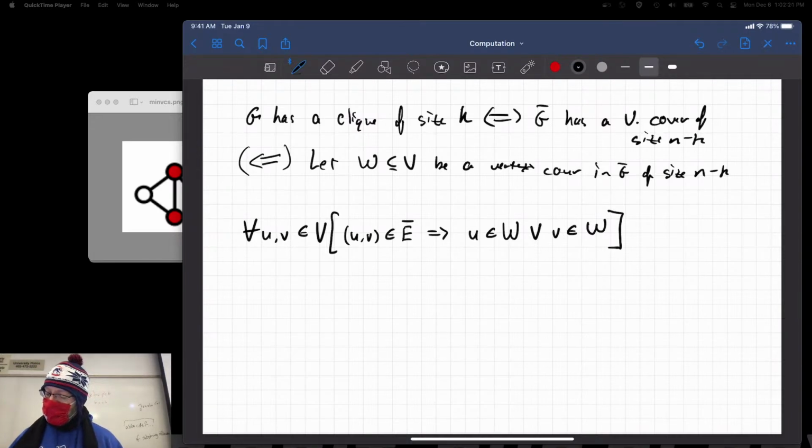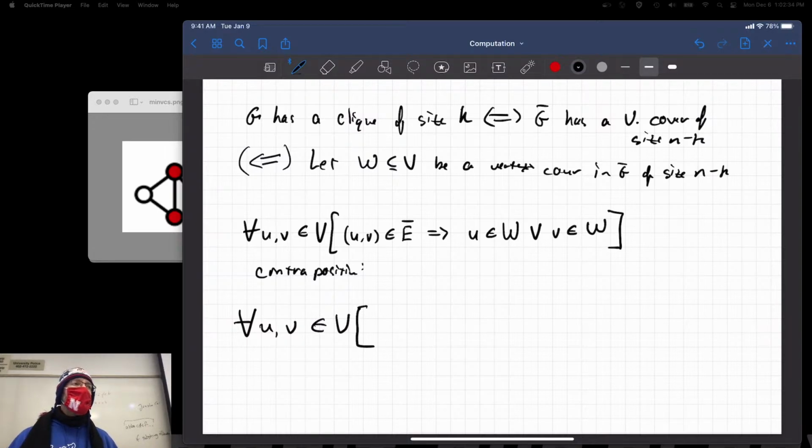Now, take the contrapositive of this. The contrapositive does not affect the universal quantifier. And in the complement graph, the vertex set is the same, so that doesn't change either.